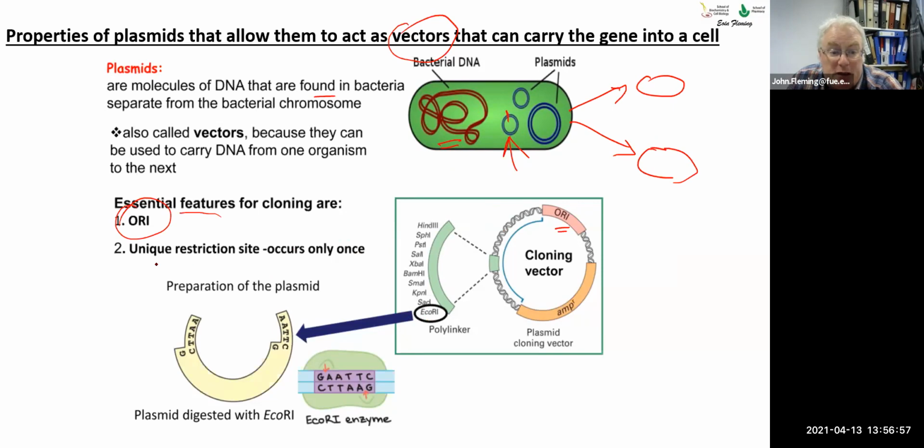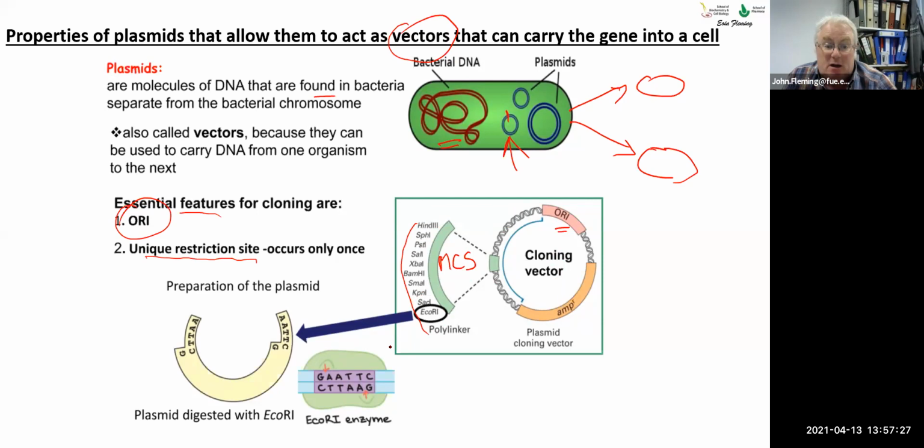The second really important feature is having unique restriction sites. Within the plasmid there is what we would call the multiple cloning site, which encodes the nucleotide sequence for lots and lots of different restriction enzymes. These tend to be restriction enzyme recognition sites that are not present at any other site within the plasmid.